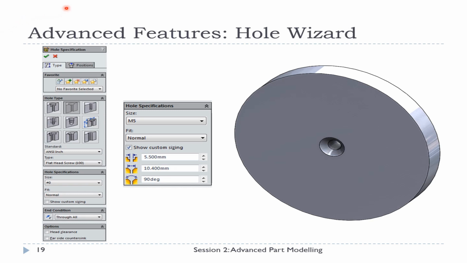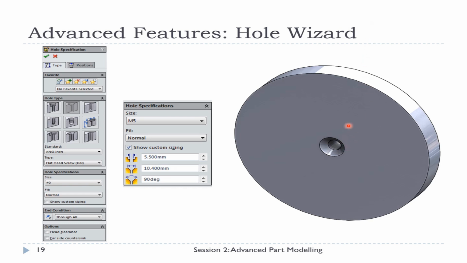Another feature that we are going to be discussing today is Hole Wizard. It's a very useful tool inside SolidWorks that allows you to quickly create holes within a part or assembly without the need of drawing or using multiple features.